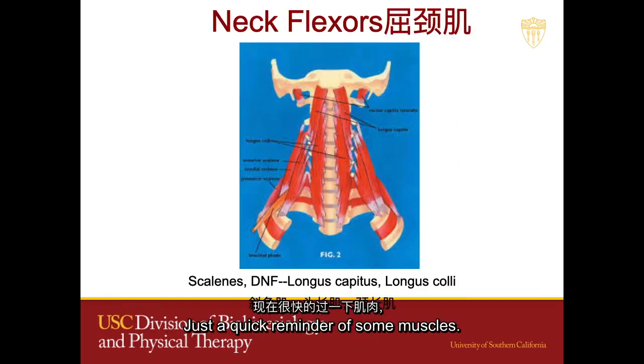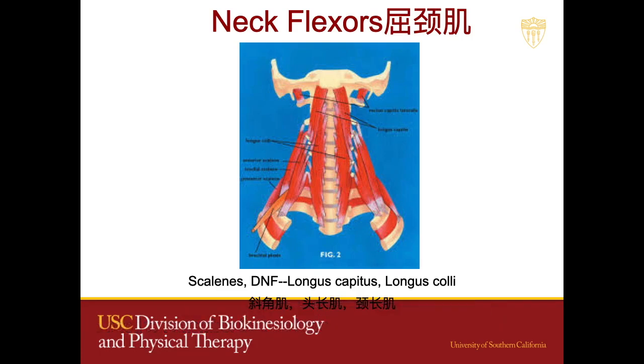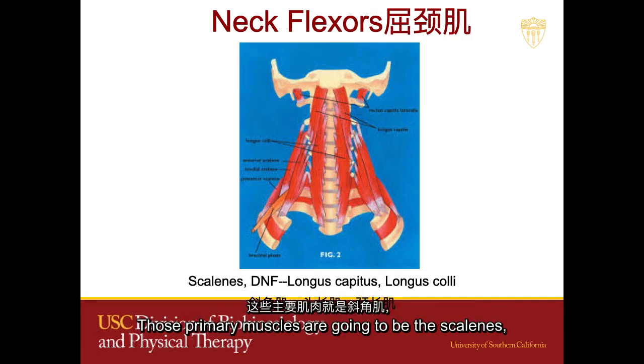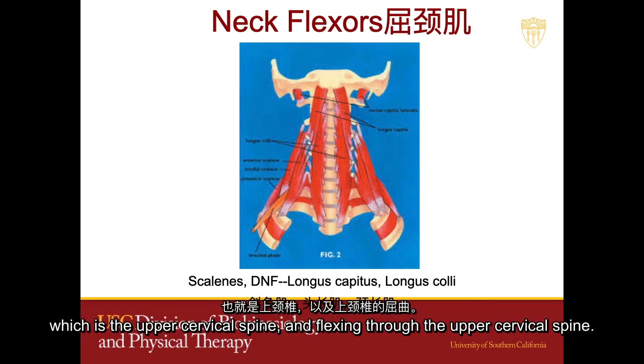Just a quick reminder of some anatomy related to muscles. So we talked about the joints already, but we also need to remember that we have certain muscles that perform neck flexion. Those primary muscles are going to be the scalenes, but we also have what are called the deep neck flexors. And the deep neck flexors allow for capital flexion, which is the upper cervical spine and flexing through the upper cervical spine.